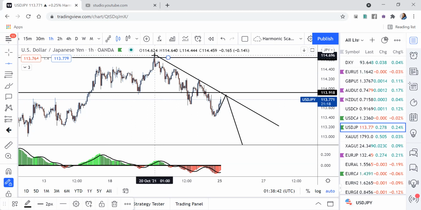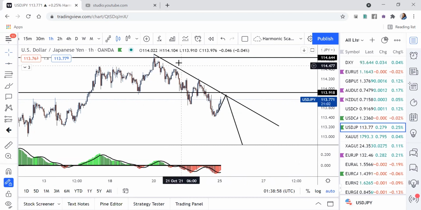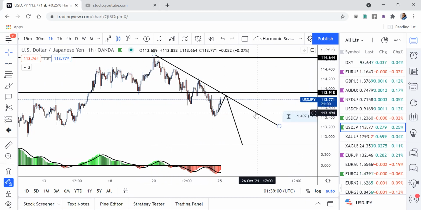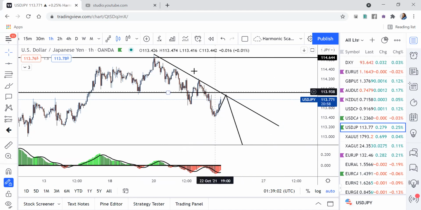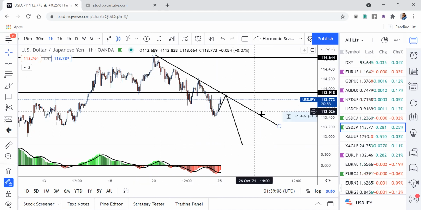So we have the last 1 hour high, the last 1 hour low. Okay. And price is also starting to respect this downtrend, this trend line here as well.